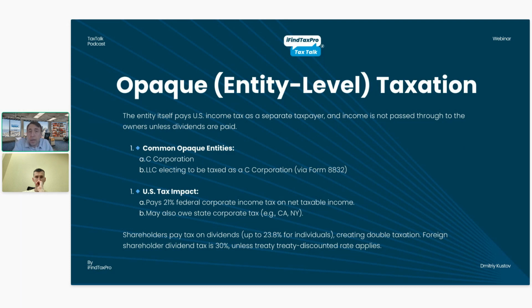But if you end up working with a state a lot, like California, New York, high tax states, you can get taxed another 9% or 10% or more. Massachusetts is also high tax. You have to consider that.